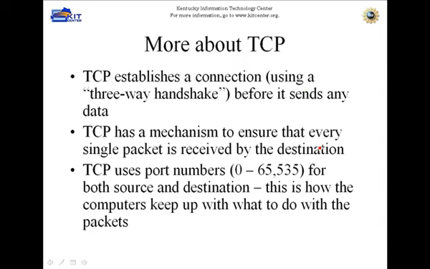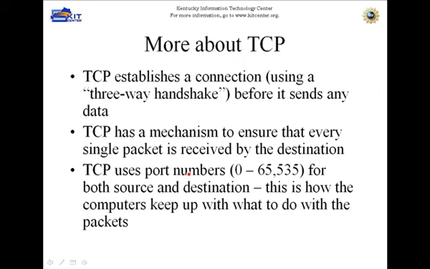TCP also has a mechanism to ensure that every single packet is received by the destination. And this is a good thing. If you're transmitting data, you certainly want to make sure that every packet arrives, and not only that, every packet arrives without being altered by noise or something else along the way.